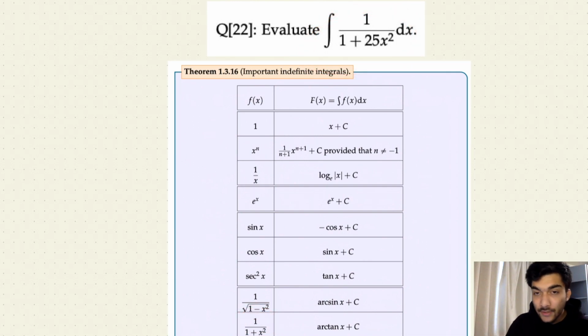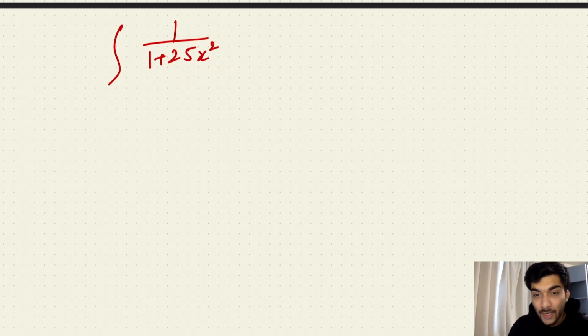Our basic idea is to get something which resembles 1 upon 1 plus something square, right? So let's do that. I'll write the integral again. The integral is 1 upon 1 plus 25x square, and I want this term to be a square term, right? So I need to use some combination for which I can have this term as a squared term.